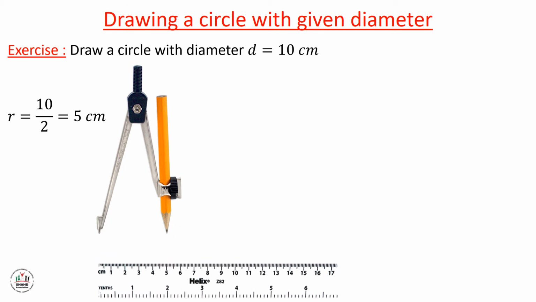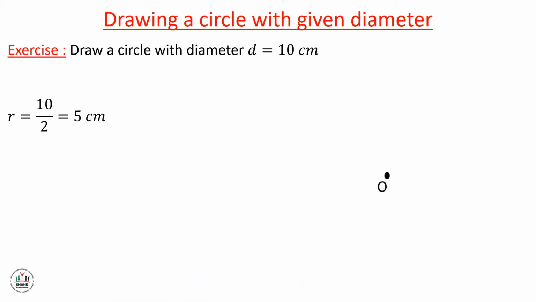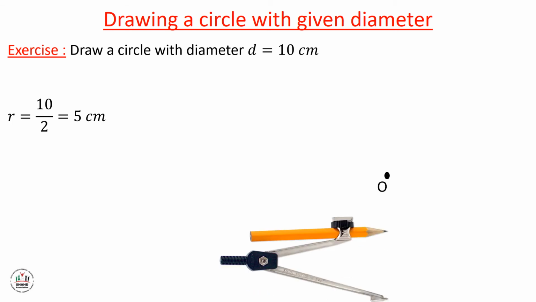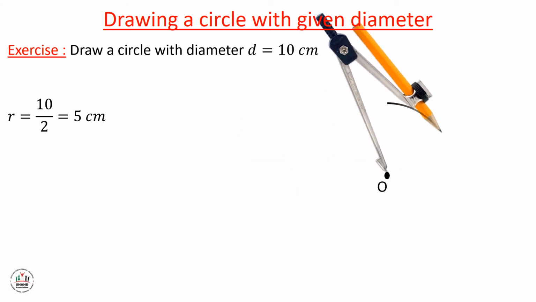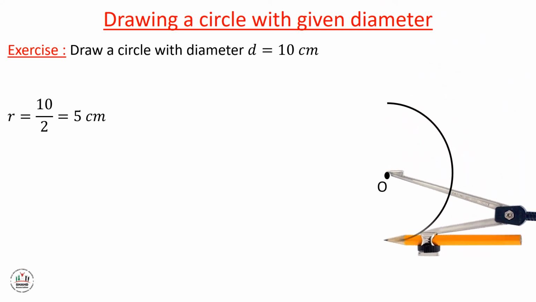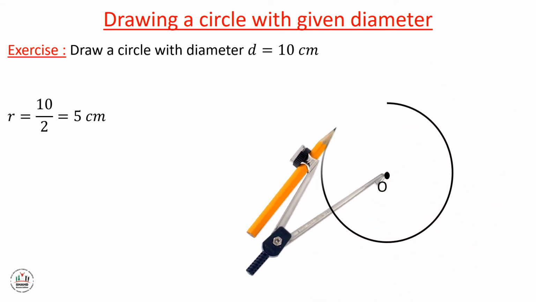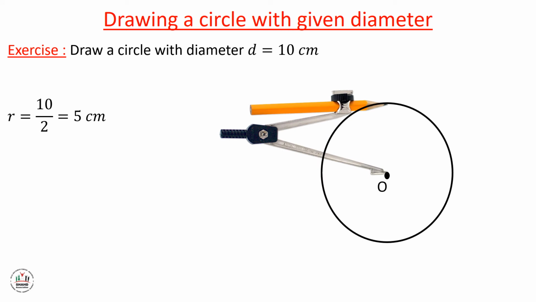Then after plotting our center, O for example, we keep the compass at the same opening distance and we start spinning it to draw a circle. Now we have drawn a circle with diameter 10 cm or with radius 5 cm.